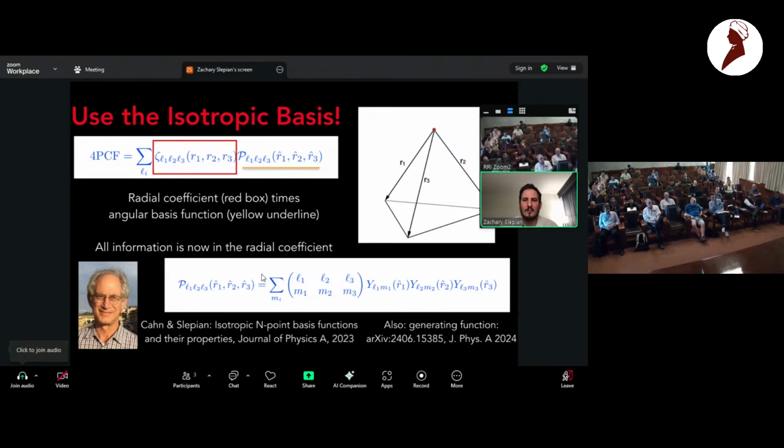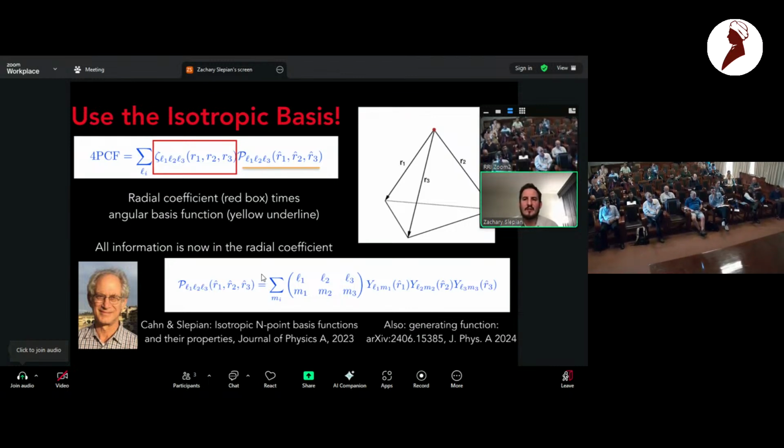Now, that sounds like technical mumbo jumbo, but it actually makes sense if you think about it. If we had a set of spherical harmonics that was adding up to non-zero angular momentum, that angular momentum vector would define a preferred direction, and therefore it wouldn't be rotation invariant. So the only set of 3 spherical harmonics of different arguments, R1 hat, R2 hat, and R3 hat, that's going to be rotation invariant, has to have net 0 angular momentum, which is enforced by this 3J symbol.